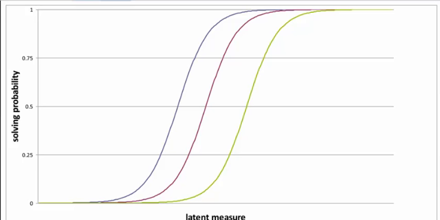Blue is the item that, when endorsed, will represent a lower end of the latent measure, and green a higher end. Another way to say that is that the blue item is more likely to be endorsed, has a higher probability of endorsement, whereas the green represents a higher level of the latent measure, knowledge, ability, skill, and will be only endorsed by those people who have more ability.